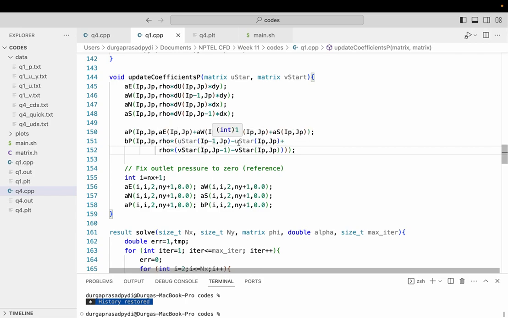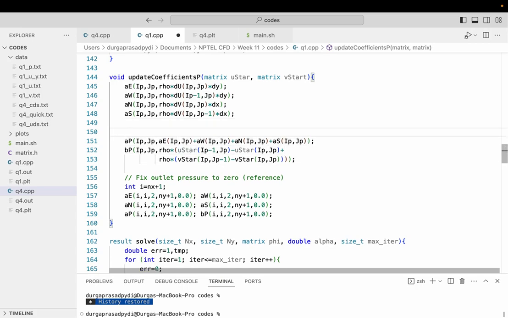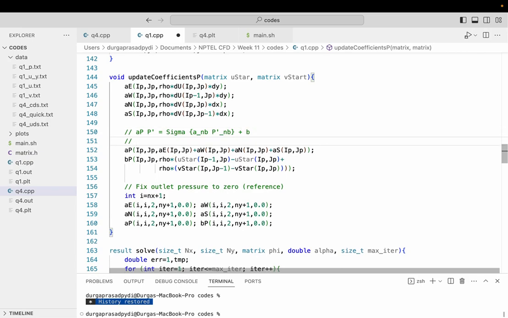Since your mass imbalance in the pressure correction equation has a minus, if you recollect your pressure correction equation, you'll have something like AP times P prime equals some sigma NB times P prime NB, and then you have some B term where this B term is essentially minus of mass imbalance, or F east minus F west plus F north minus F south. So I am just writing that here.